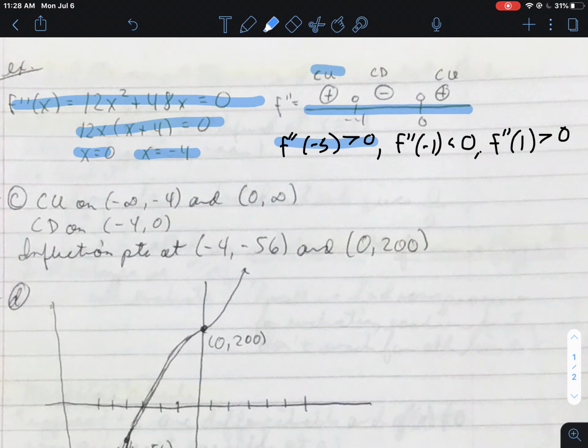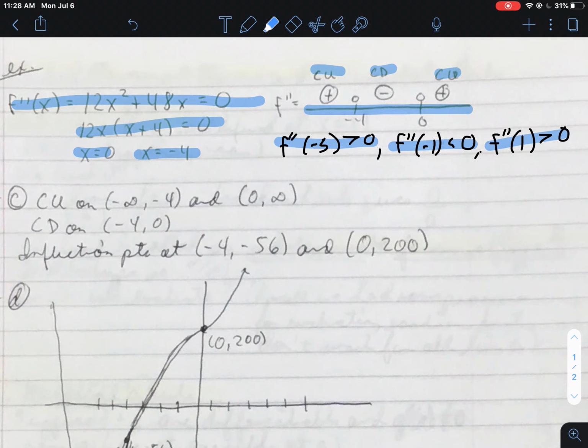If you plug negative 5 into that second derivative, you will get a positive value. Your graph is concave up there. Between negative 4 and 0, I just chose negative 1. Plug in negative 1, you will get a negative second derivative, so we'll be concave down there. And then to the right of 0, I plugged in 1 into my second derivative. And again, you will get a positive value, which means we're concave up there.